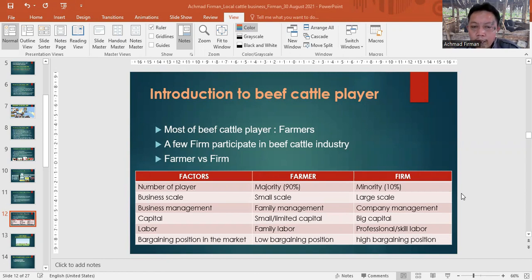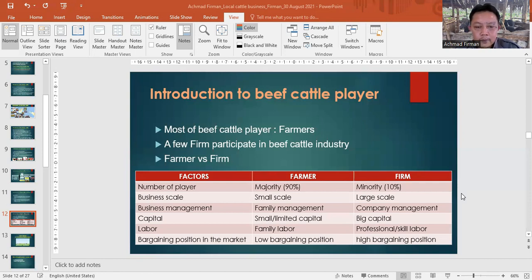Farmers run small-scale cattle business, while the firm runs large-scale cattle with big capital, but farmers have just limited capital. And for labor, farmers use family labor, and firms use skilled labor or farm personnel.